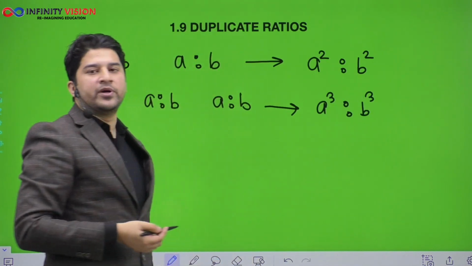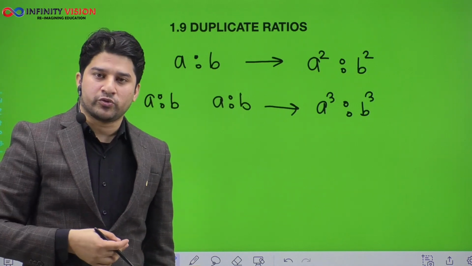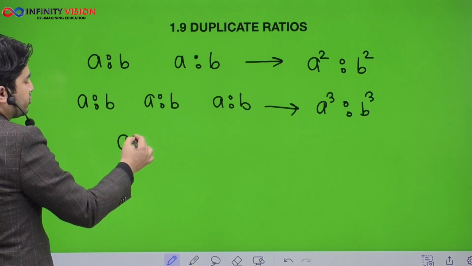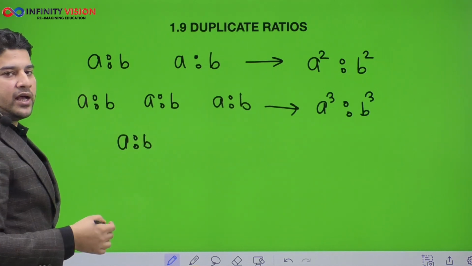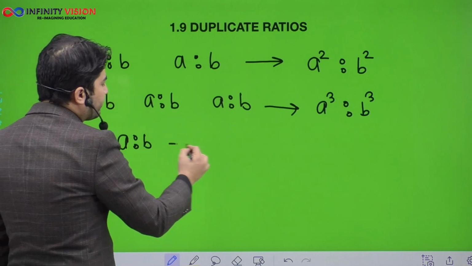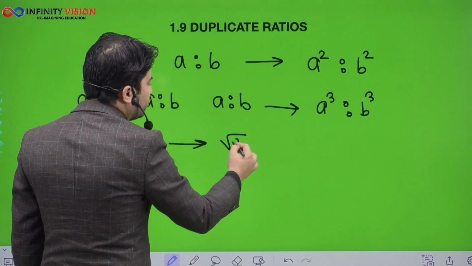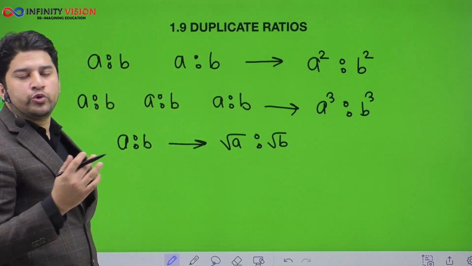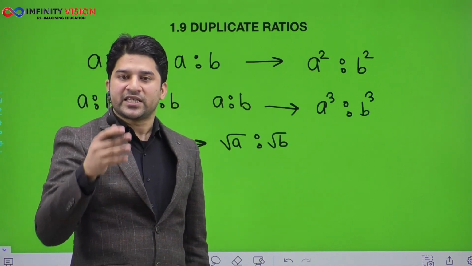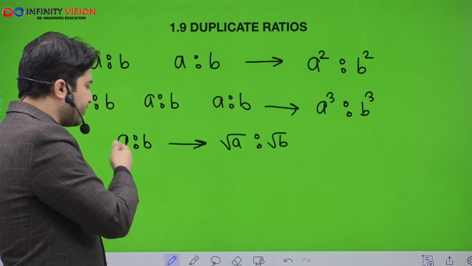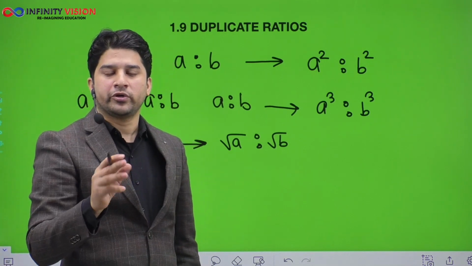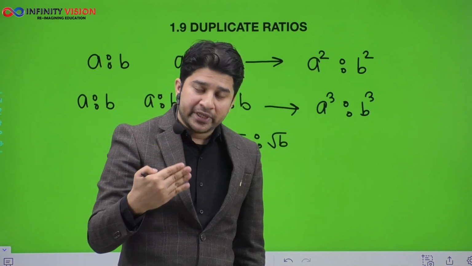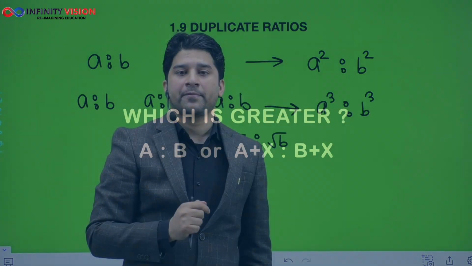This is nothing but the triplicate ratio of A is to B. In the same way, let's say you have a ratio A is to B, and you find the square root of antecedent and consequent, root A and root B. So you can say that root A is to root B is a sub-duplicate ratio of A is to B. So this is how you are going to interpret these terms like duplicate, triplicate, sub-duplicate, sub-triplicate, and so on.